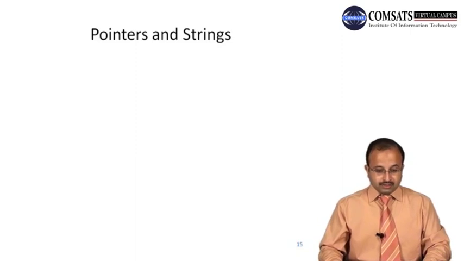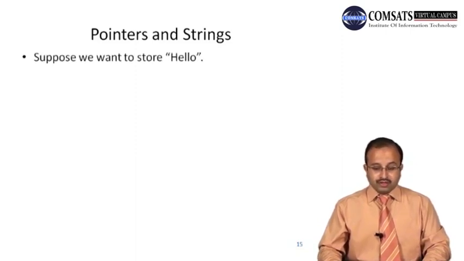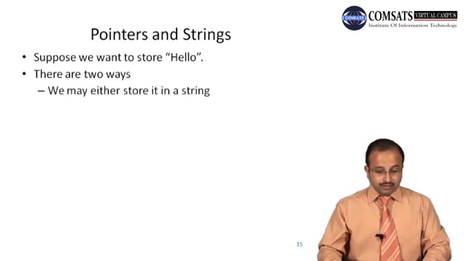Now pointer and string. Suppose we want to store the string constant hello. This hello is basically a string constant. Why is it a string constant? Because it is written within double quotes. There are two mechanisms to store that string constant. The first is we may store it in a string.